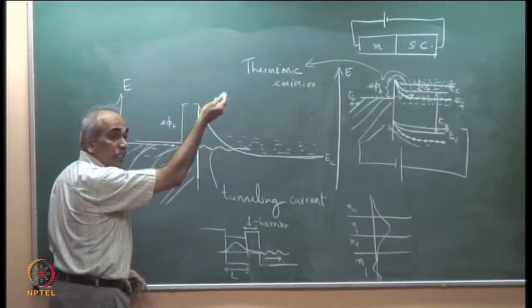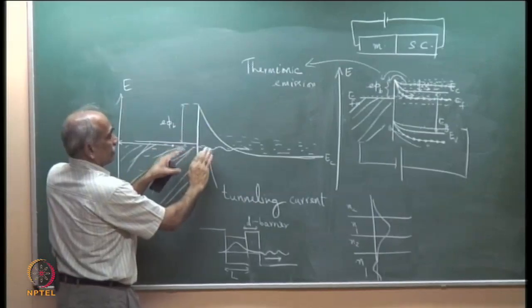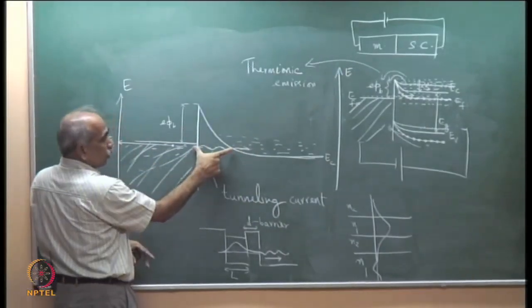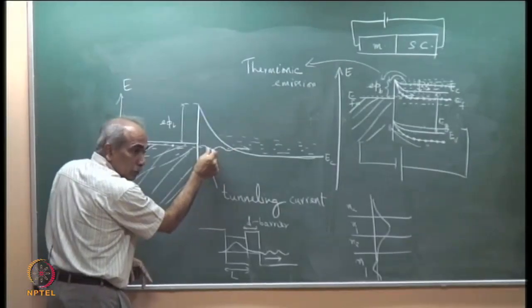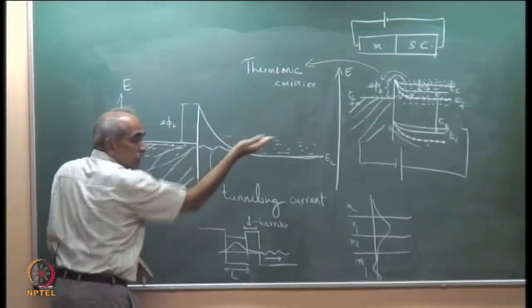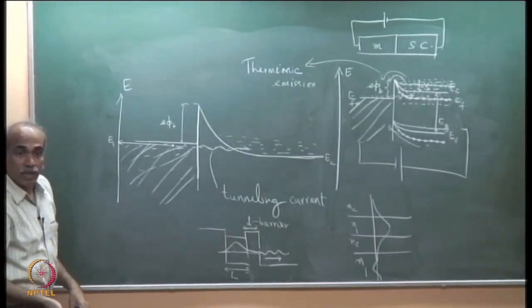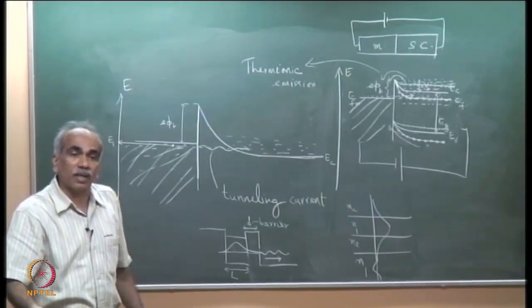If I want to increase this, right now the tunneling probability is very low because the barrier width is very large. If I can somehow reduce the barrier width like this, for example, then I have a much larger probability of tunneling, and therefore I can increase the reverse current.